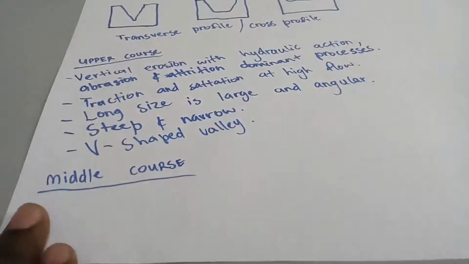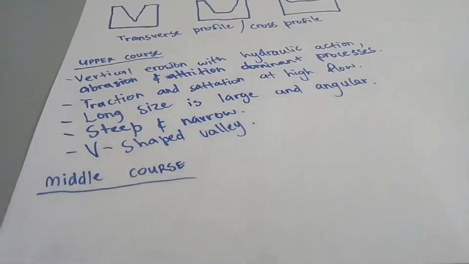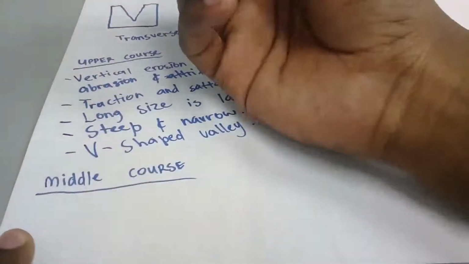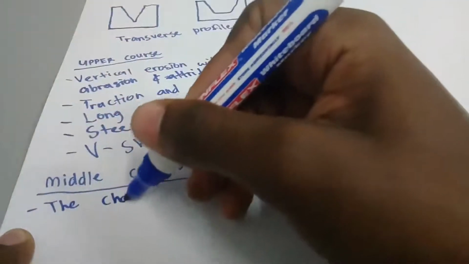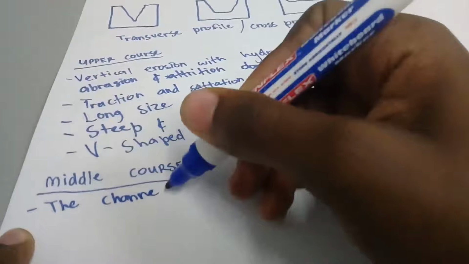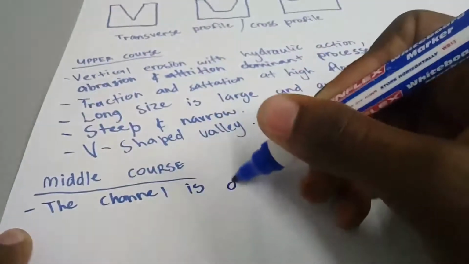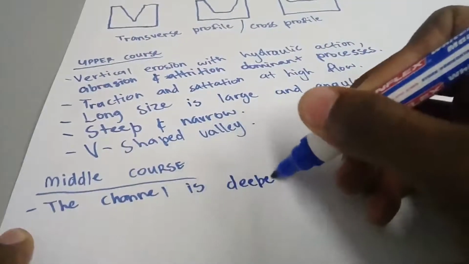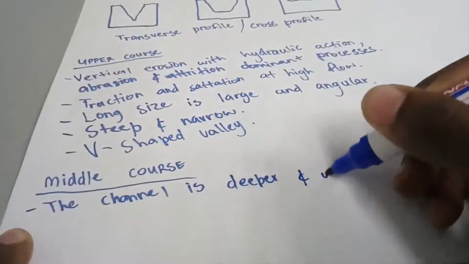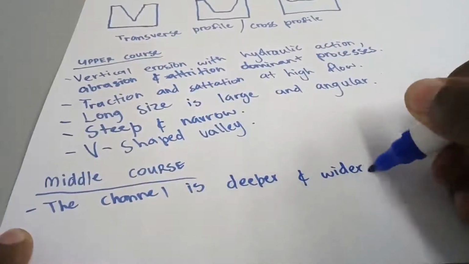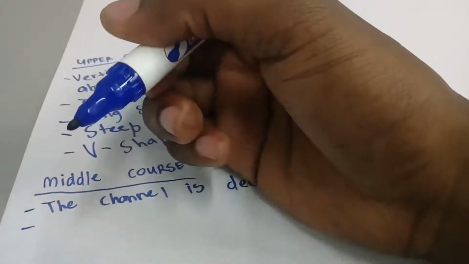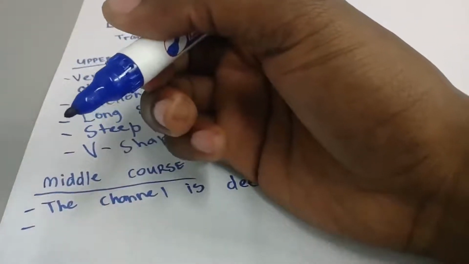In the middle course, the channel is deeper and wider. Channel is deeper and wider, vertical erosion decreasing in importance.